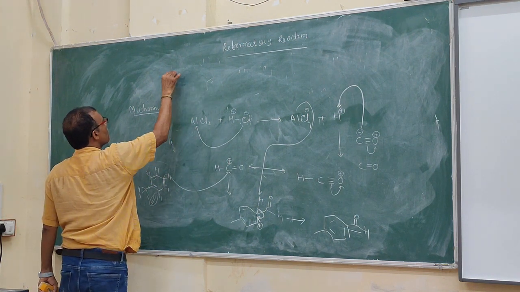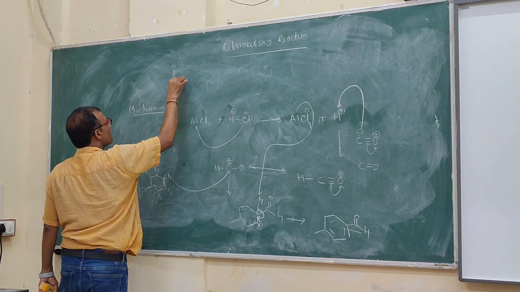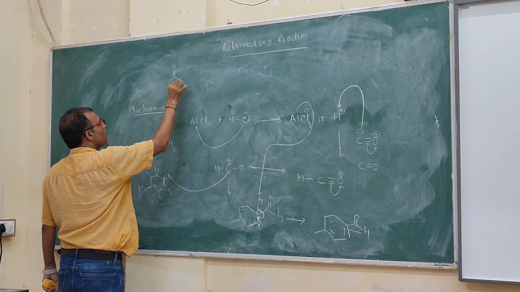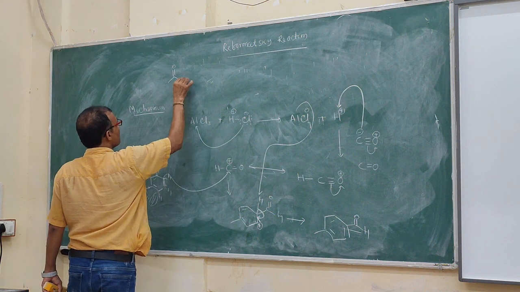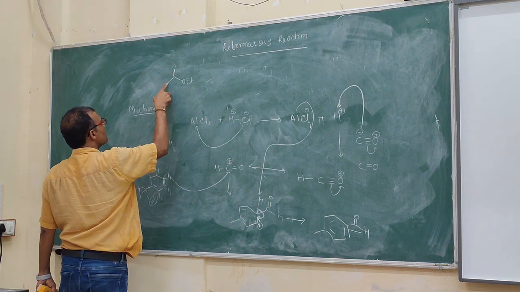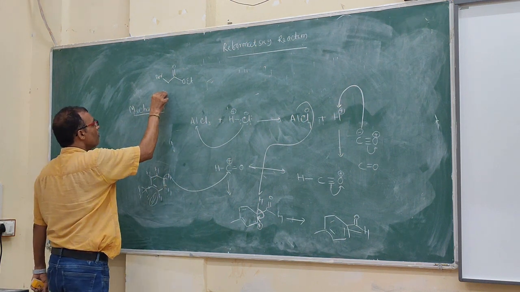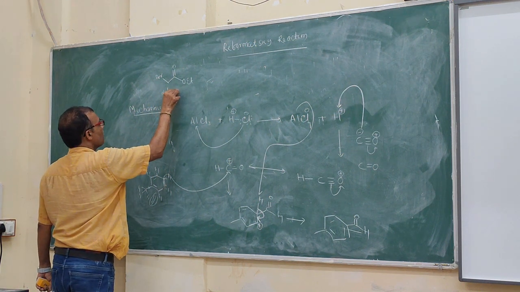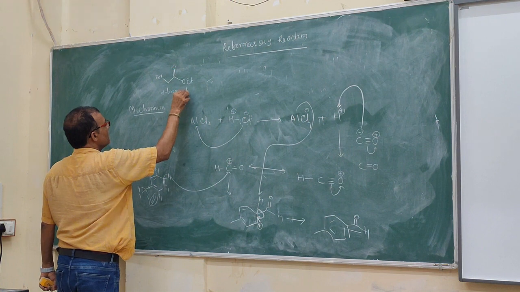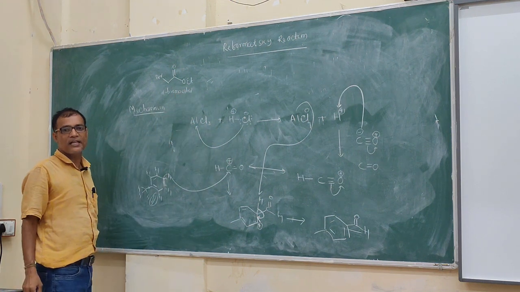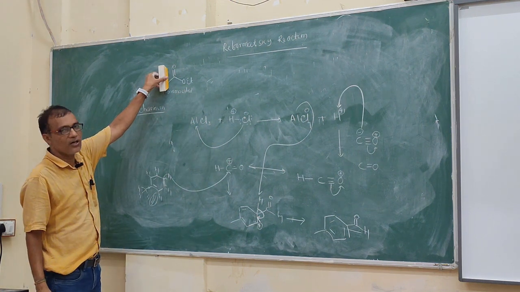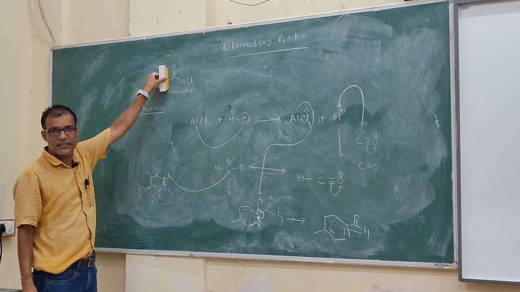You take a ketone or aldehyde, and suppose you take an ester. The alpha position is here. Here I put bromo. So what is the name of this? Alpha bromo ester, or ethyl acetate with bromine. With bromine not there, how do we call this molecule? Ethyl acetate.